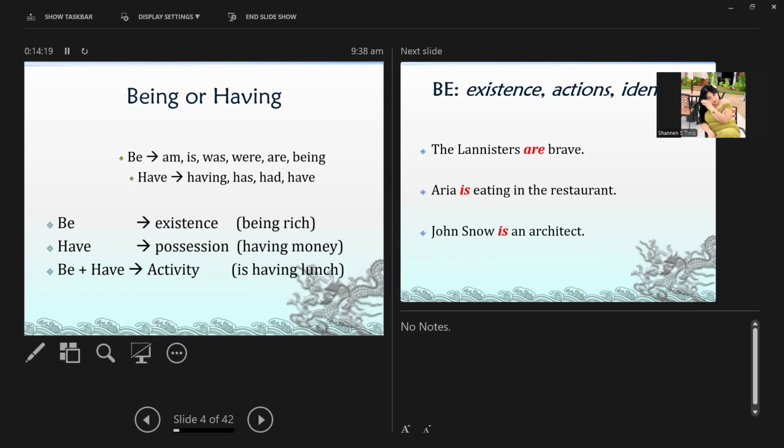Hindi wala, okay. But singular subject siya because he, okay? Mark is having, it's an activity or he's possessing that he has lunch right now. Okay? So, yes. If you put them together, it means there is an activity going on or an action.